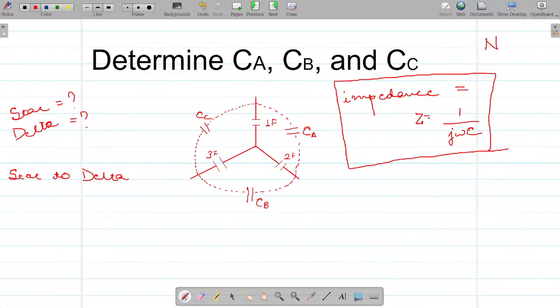No. Why no? You are not provided with identical elements. These are not identical. If one of them is given as 1 farad, the other is 2 farad, the other is 3 farad. Please remember, these are the capacitances you are provided with. These are not the impedances. These are capacitances, not impedances.